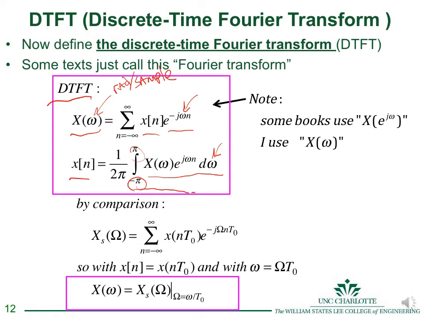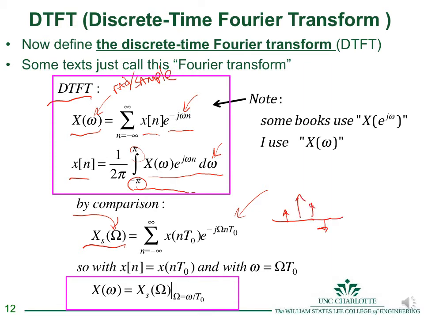Typically, inverse transforms are done using a lookup table of Fourier transforms. But what I like to do is compare this to the result of X_s(Omega), the Fourier transform of that sampled signal. This is the continuous time transform of those weighted impulse versions of the original signal.